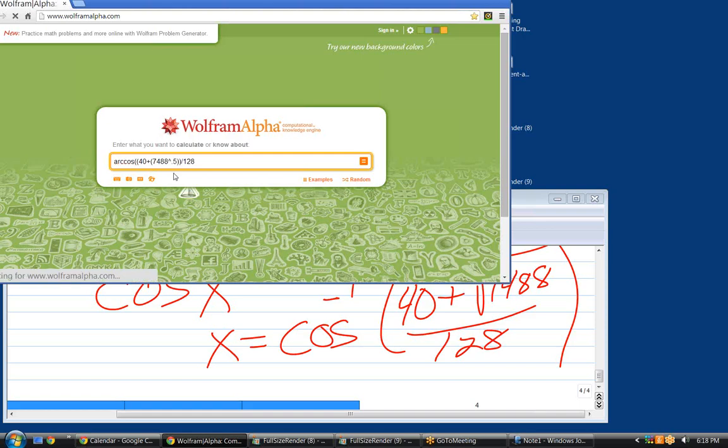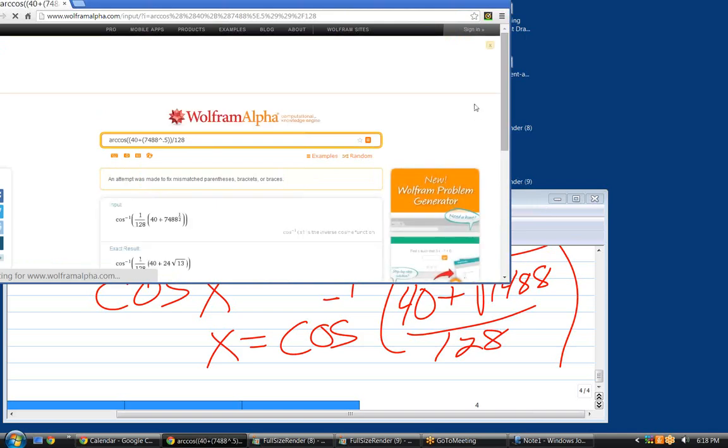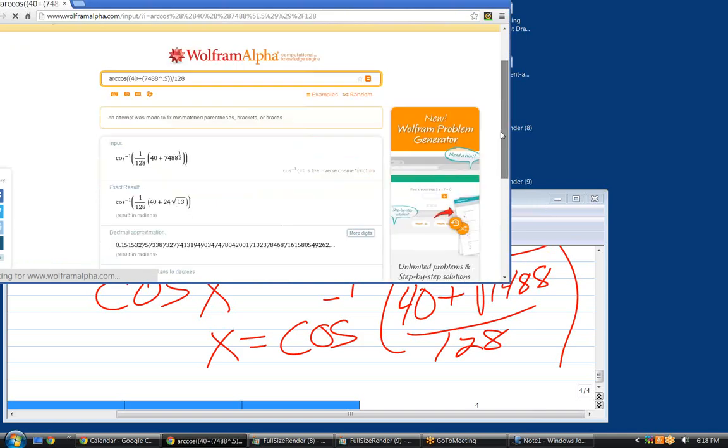All right, let's see if I put it in correctly. Yeah, that's exactly what I was intending. This is a nice feature that your calculator doesn't do for you. I've spent all day on my calculator before trying to get the parentheses right and having difficulty. So this is quite helpful.